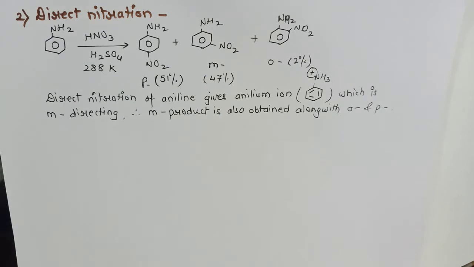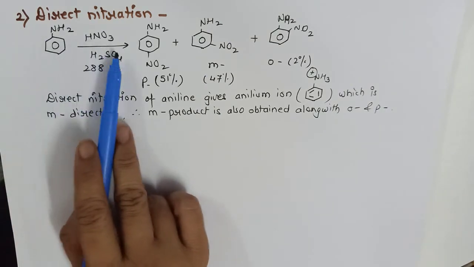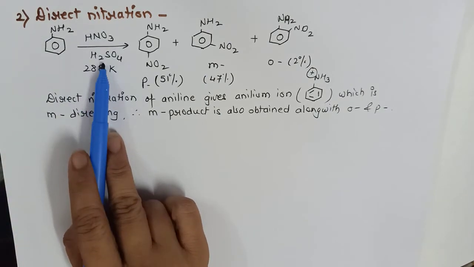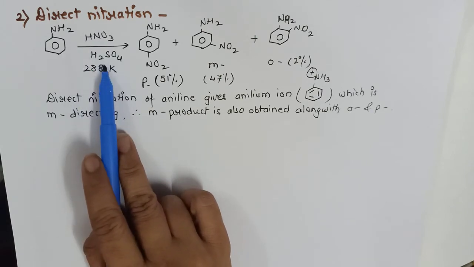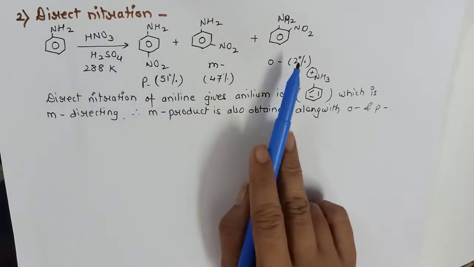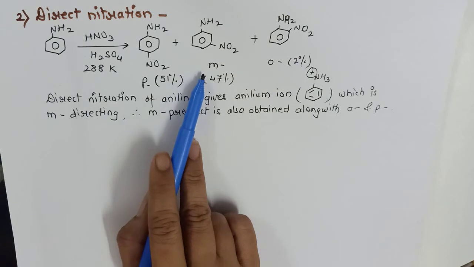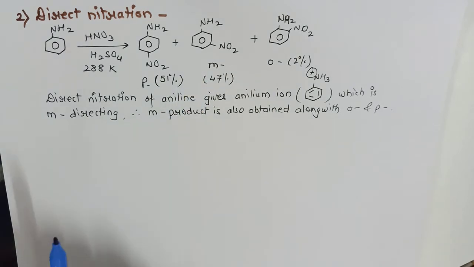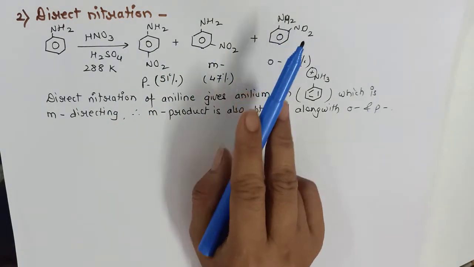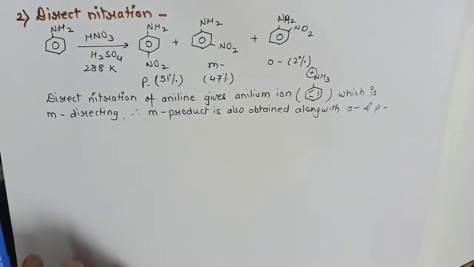In nitration method, aniline is first of all treated with nitrating acid mixture, and the interesting thing is that along with ortho and para product, we get some meta product also. Otherwise, we know that NH2 is ortho para directing, but in this case, along with ortho and para, we get meta product also.